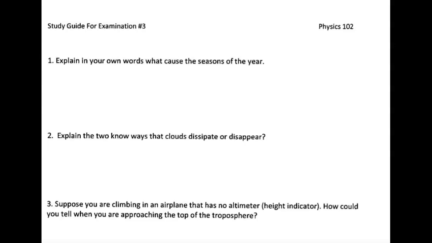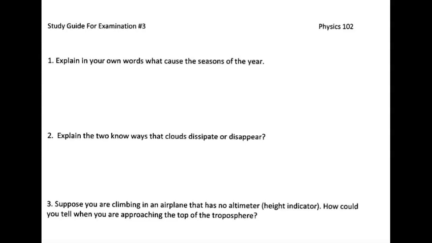It is the tilt of the north-south pole axis relative to direct sun rays that causes the seasons of the year. Relatively, in the northern and southern hemispheres, when the North Pole is leaning more towards the sun, it is then summertime in the northern hemisphere. And when that same North Pole is leaning, because of the tilt, away from the sun, then the southern hemisphere is leaning towards the sun.